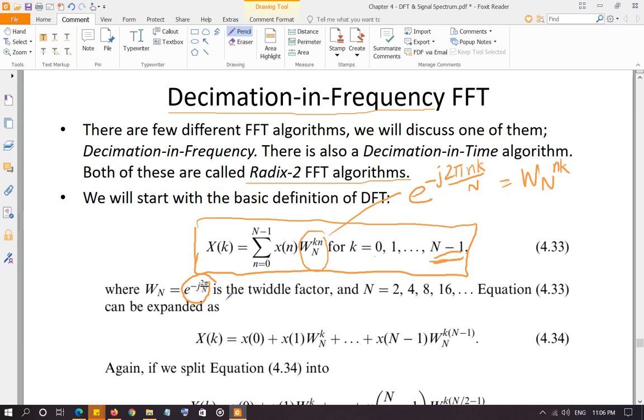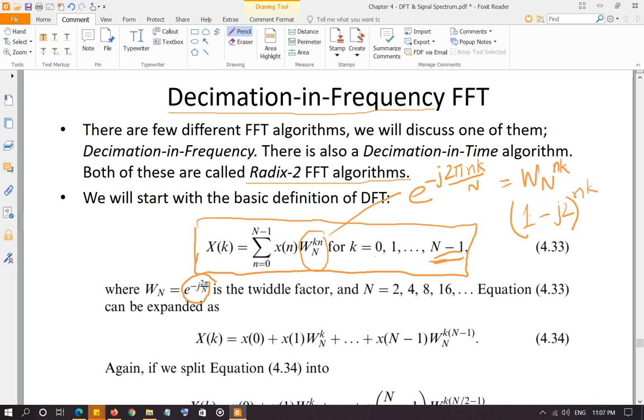So the only thing that is constant is e to the power negative j 2 pi over N, and that's called the twiddle factor. We can calculate that for any number of samples, and once we have that, we can replace it over here. Let's say it comes out to be 1 minus j2, just as an example, right? So you can just replace this by (1 minus j2) to the power nk, right?